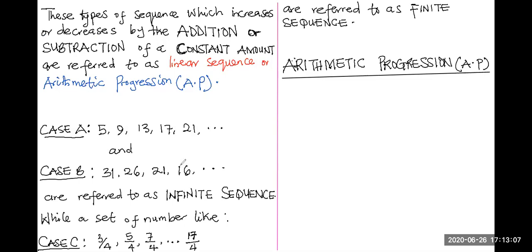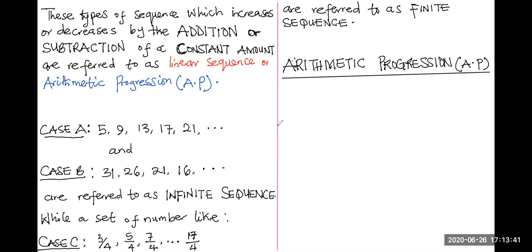Now we say it increases or decreases by the addition or subtraction of a constant amount. That means it's possible for it to increase or decrease by multiplication or division respectively. So we're not talking about that. What we're talking about is that every set of numbers, whether in case A or in case B, that is increasing by a definite amount, such a set of numbers is called an arithmetic progression.